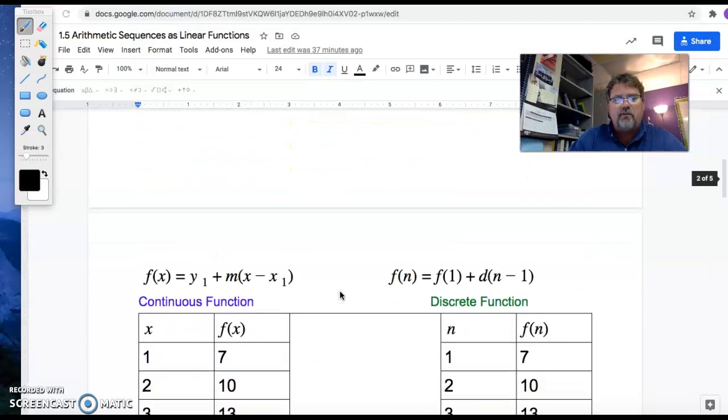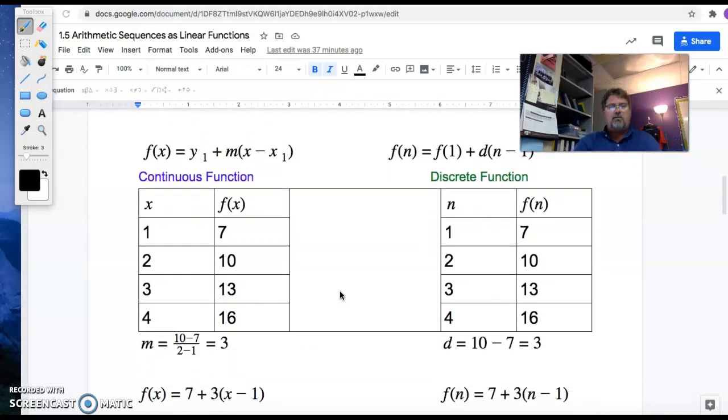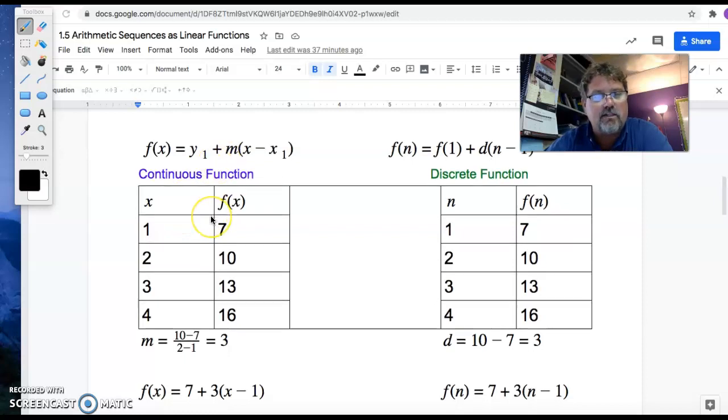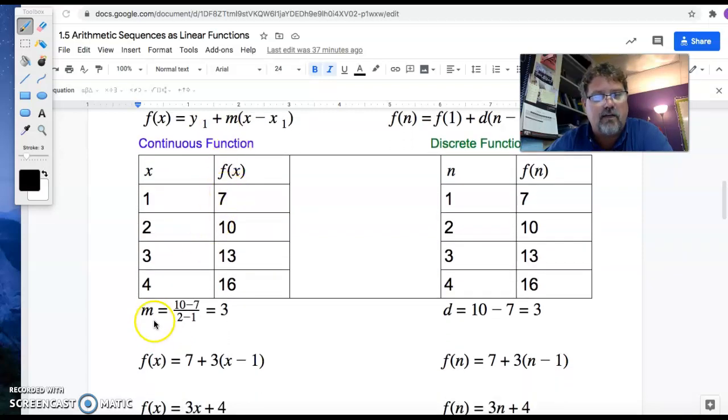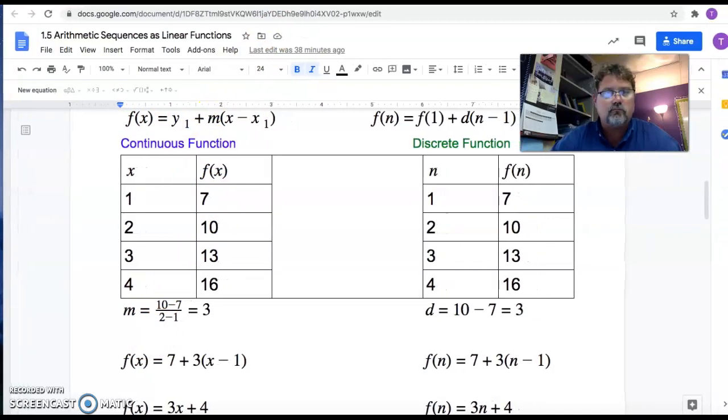What I've written so far in here is I made a table. I said, suppose we had a function y, so this is a function of x, all real numbers, although I'm using the same numbers in the table. And if I told you to write an equation of a line for this, you would have to find the slope. Now we're looking at the y equals mx plus b side over here, right?